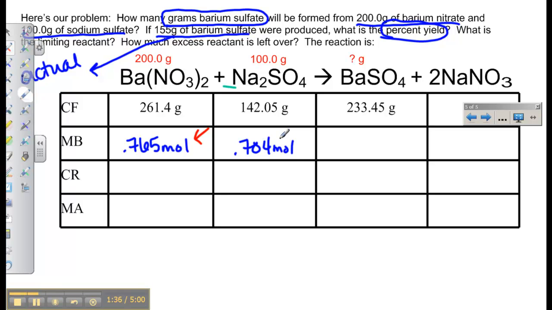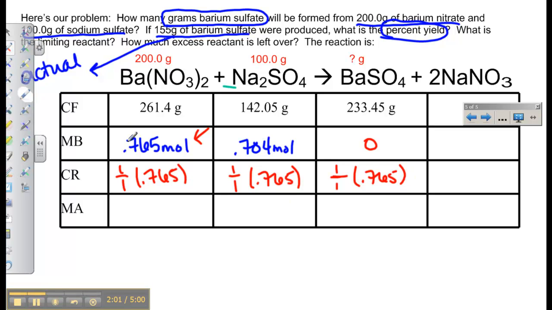Okay, so if we did that, we would use our fractions. Again, we would have a 1 on the bottom. We still start with 0 here. Okay, we would have a 1 on the top here, 1 on the top here, 1 on the top here, because all the mole ratios are 1 to 1. We would get 0.765 to multiply by everything. Okay, so 0.765 minus 0.765, of course, is 0.